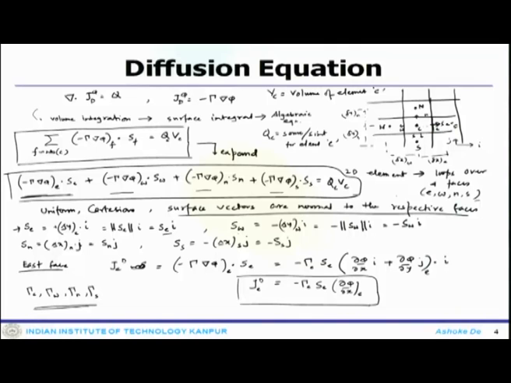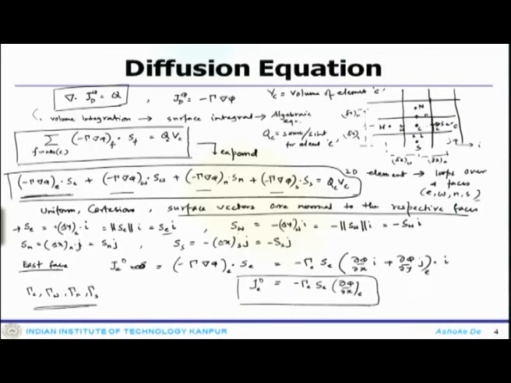This is the system that we actually started to discretize, our governing equation, where the diffusion flux is gamma grad phi. After the algebraic calculations, or the volume integration over that particular cell, we end up getting this algebraic system.